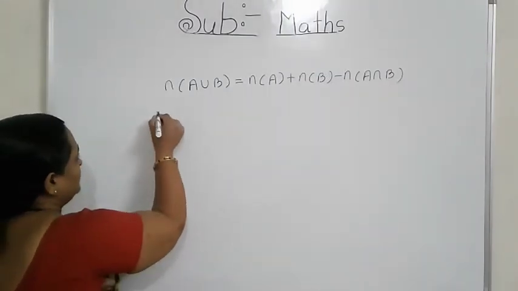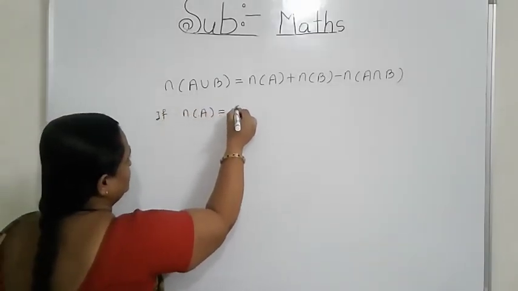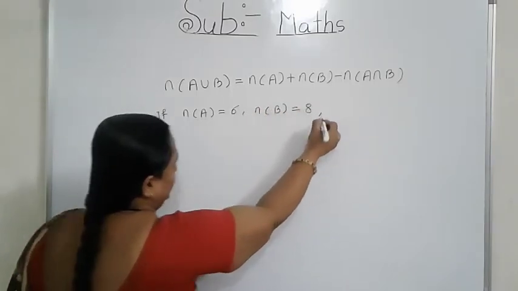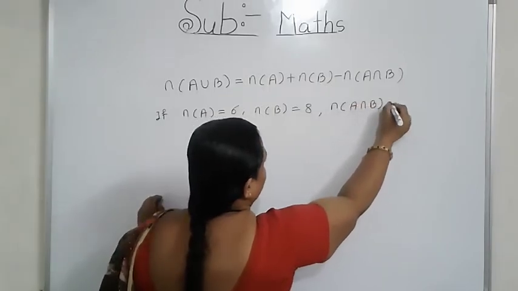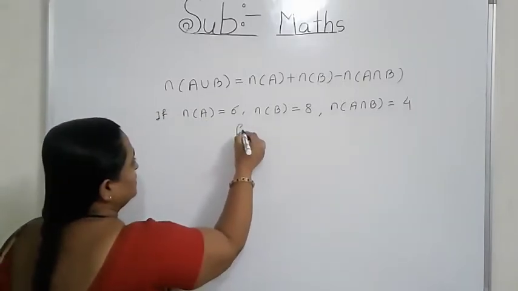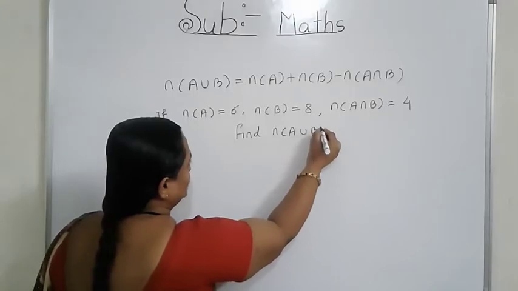Now one example we will take. If n of A is equal to 6, n of B is equal to 8, n of A intersection B is equal to 4, then find n of A union B.